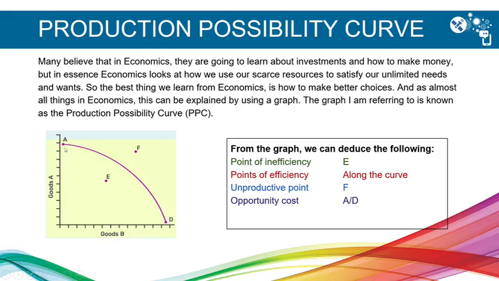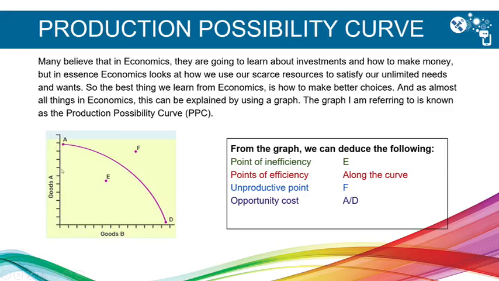However, if you produce at point A, so if you produce goods A at point A, that means you've got no more resources left to produce anything of good B. Alternatively, if you produce at point D, it means you can only produce the B goods and no A goods, right? So to produce at point A means I have to give up producing goods B. To produce at goods D, I've got to give up producing the goods A.